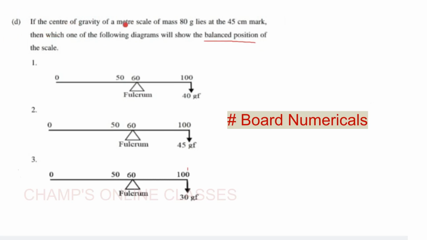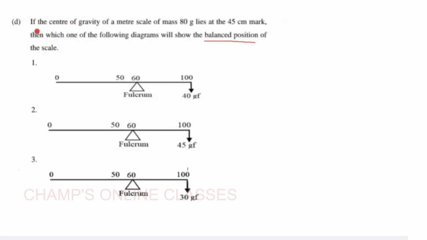Now, let's read the starting lines again. Center of gravity of a meter scale. What do you mean by meter scale? The scale is of 1 meter, or you can say 100 centimeter. They are saying that the weight of this scale is at the 45 centimeter mark, so from 0, it is somewhere here at the 45 mark.